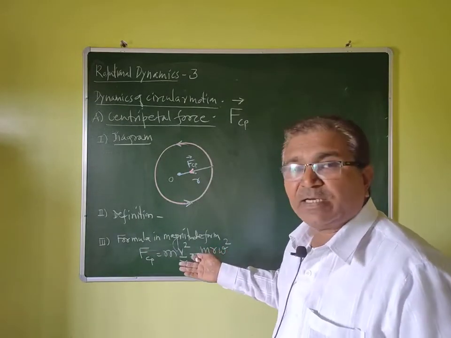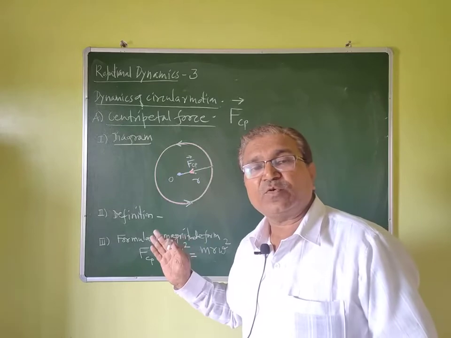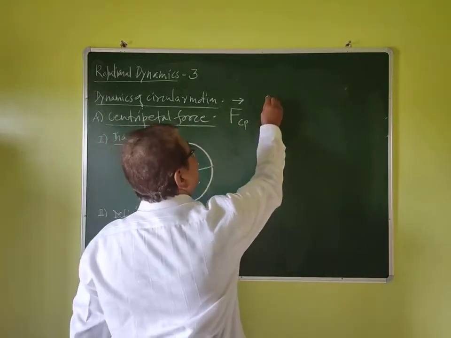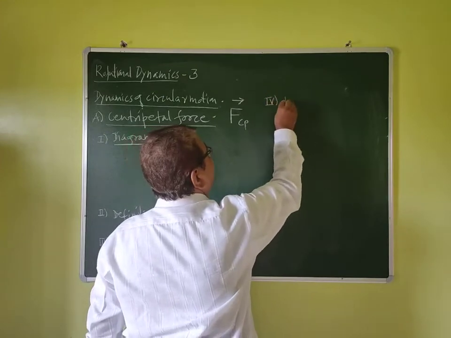So how can we write the formula of centripetal force in vector form? Our fourth point is in vector form.